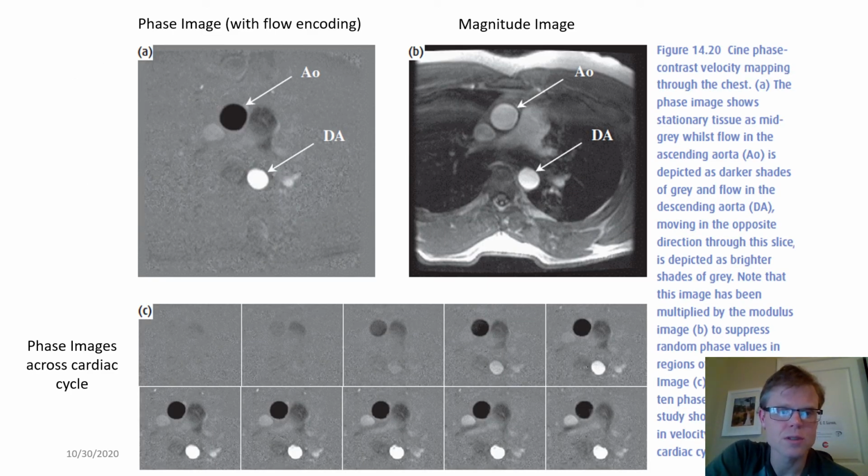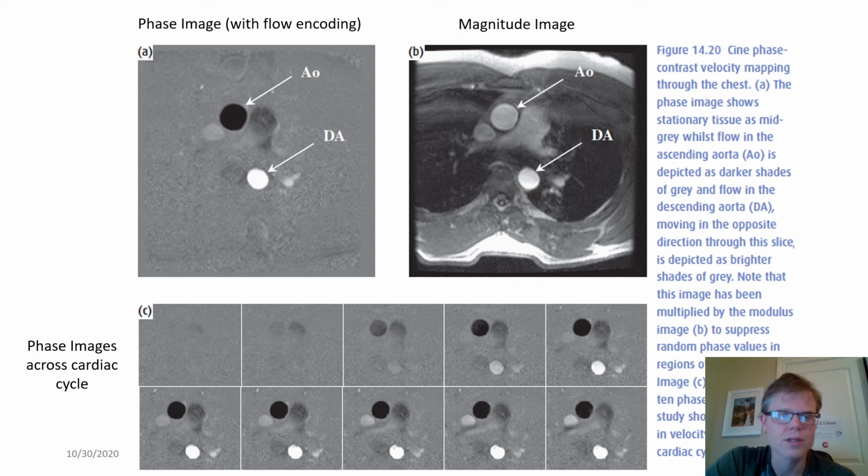So this is a really nice example of a flow image where we see the magnitude image here, an axial slice through the top of the chest. And you can see the annotation here. AO is the ascending aorta, DA descending aorta, which obviously have a lot of flow as the blood is getting pumped out of the heart.